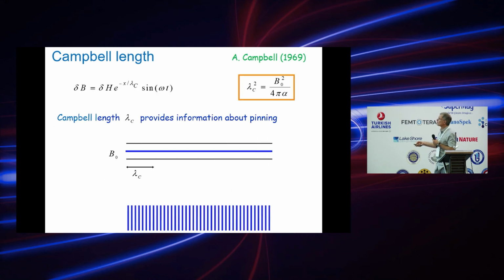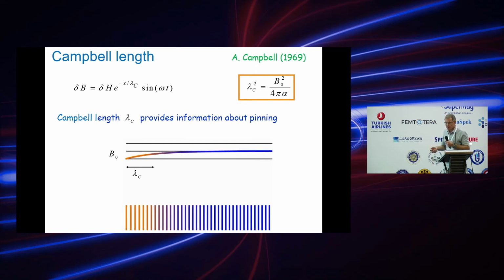This gives a first solution, which exponentially decays at a length which is inversely proportional to the square root of this curvature.